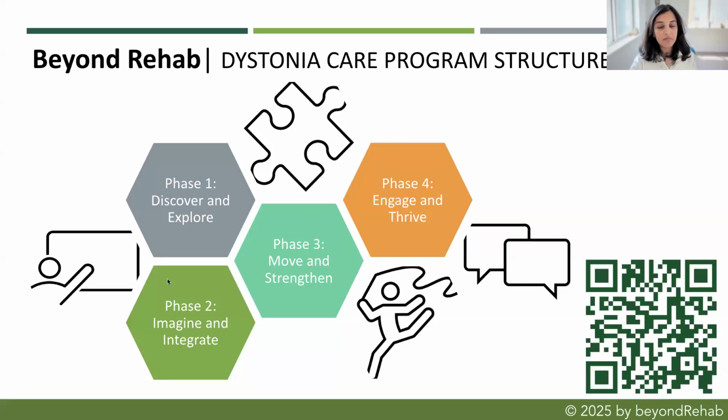Based on that, the goals, the resources, and the individual's readiness to get going, we get started with this four-phase program. The phases are divided to help the individual be better engaged and gradually expand to different stages of the program.